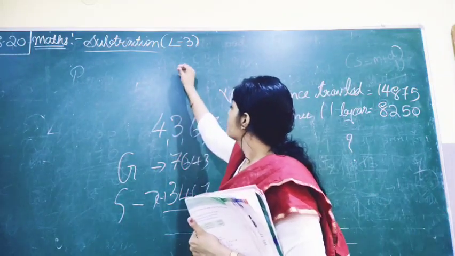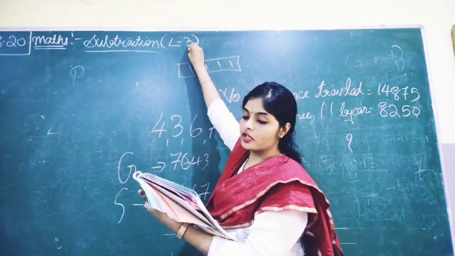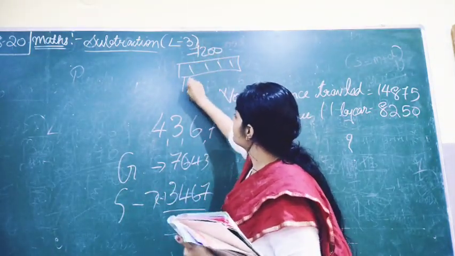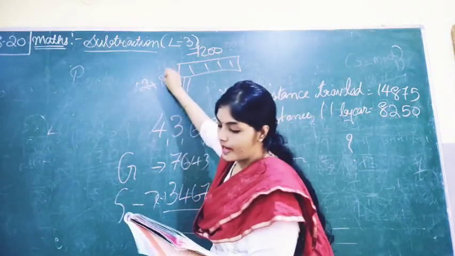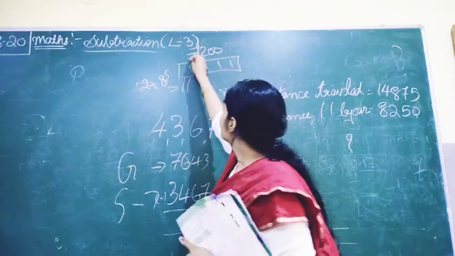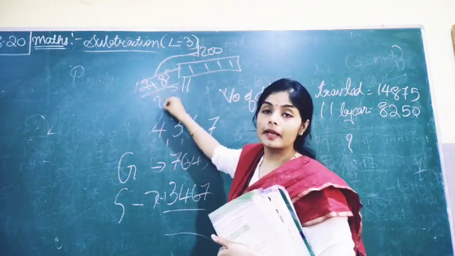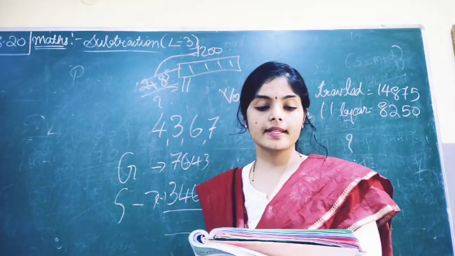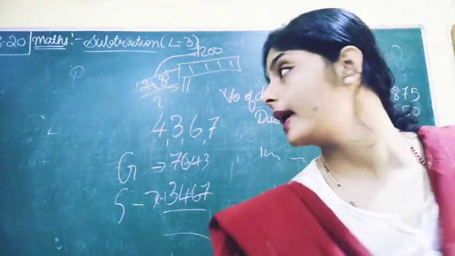So in the train, 7,200 people are travelling. At one station, 2,485 people got down. So you have to subtract the number who got down from the total number to find out the remaining people in the train. Understood, children?